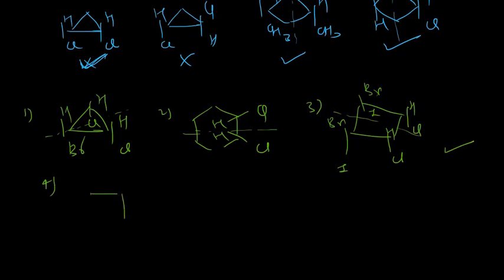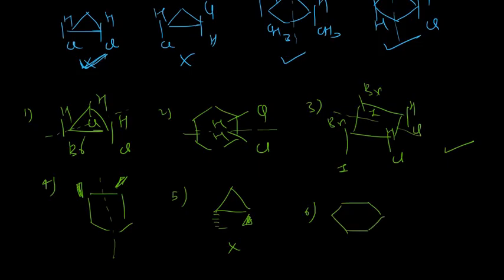Fourth, we have this compound and also a plane of symmetry passing through the midpoint. Fifth, it doesn't have a plane of symmetry. Sixth, we are taking the example of disubstituted hydrogen chlorine and hydrogen chlorine. It also has the plane of symmetry, right?